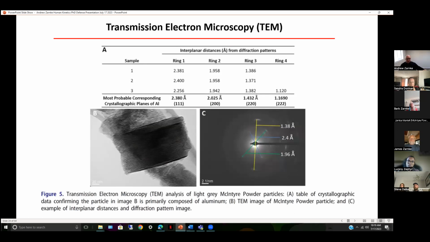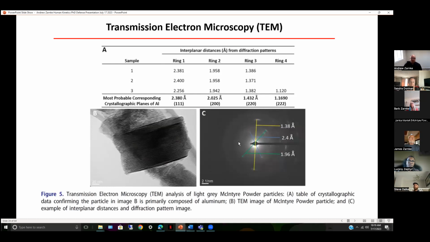Next, we did transmission electron microscopy. There are 2 major reasons why we wanted to do TEM analysis. One was to, again, image some of the particles to look at the morphology and shape of them, but also to confirm that some of these small nanoparticulates were actually aluminum in composition, as opposed to some contaminant.